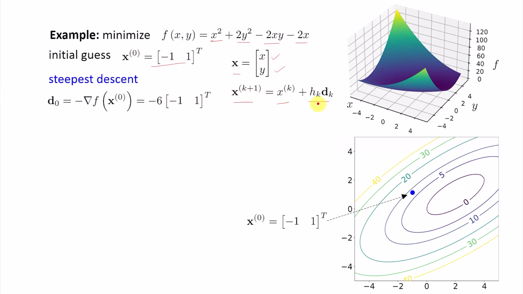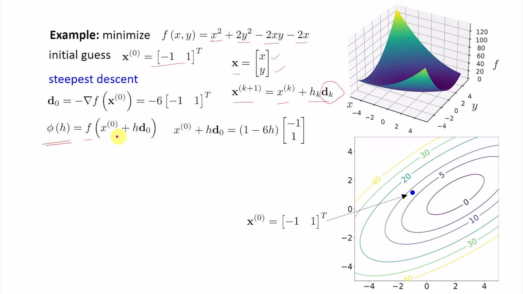I'll take d, my descent direction, which is the negative of the gradient at x0. We have already found that the gradient is (6, −1, 1), so d0 comes as (−6, 1, −1), just opposite to that. Now we have phi of h, that is f(xk+1).